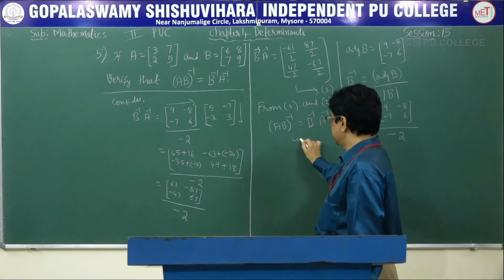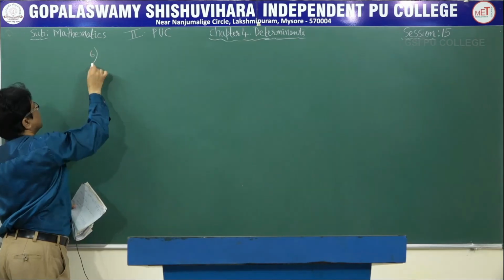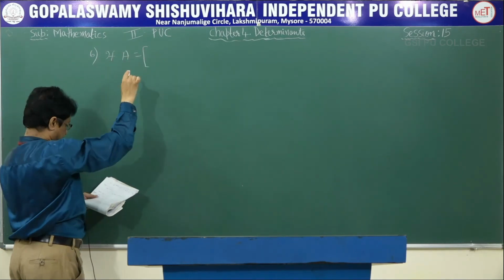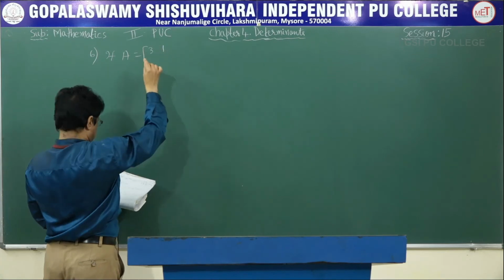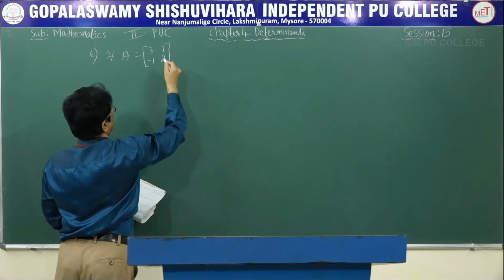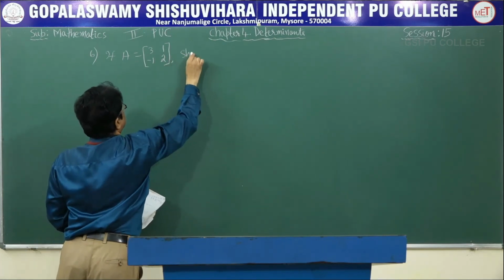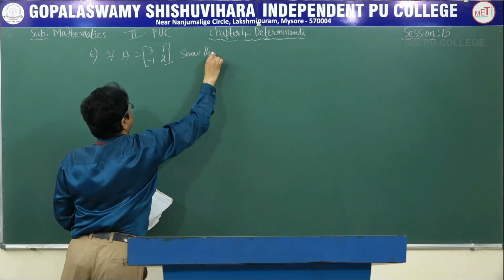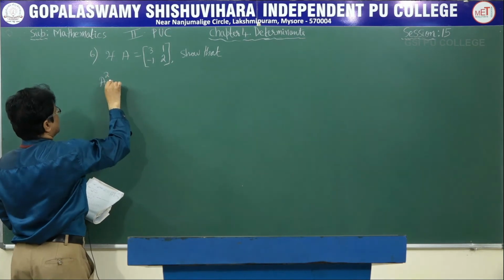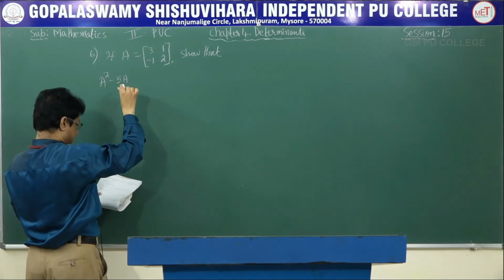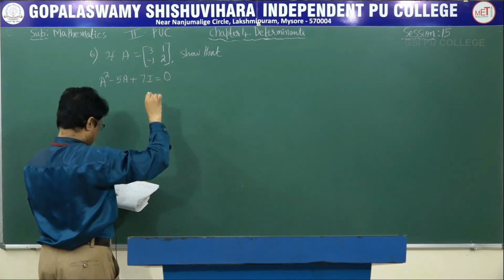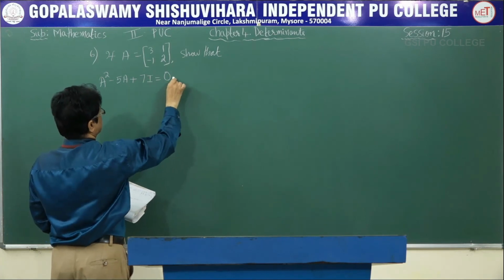That completes this problem. Next problem, if A equals 3, 1, minus 1, 2, show that A square minus 5A plus 7I equals null matrix.